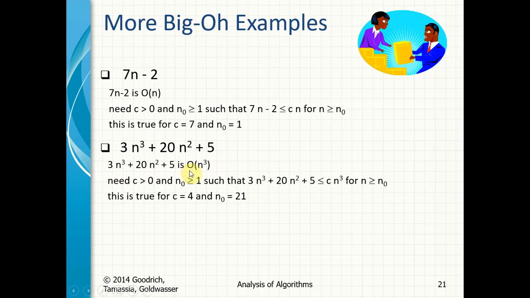We know that it is O(n cubed), because if we just assign c to 4 and n0 to be 21, then c times g(n), that is 4 times n to the power 3 when n is at least 21, must be greater than this function.